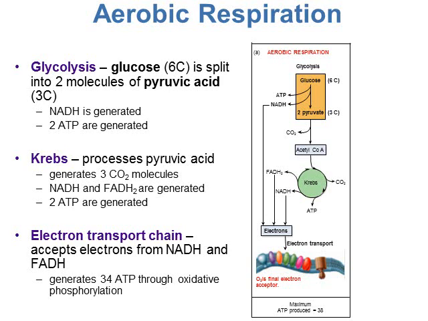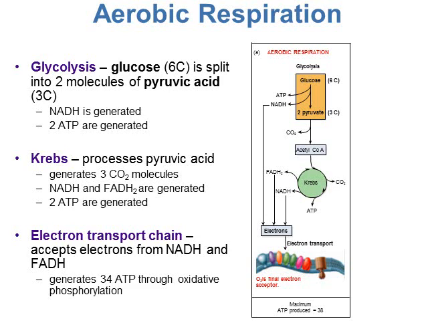So you're just splitting glucose in half into a pyruvic acid molecule. We get NADH that's generated. NADH is holding hydrogens. So we're ripping hydrogens off of the glucose and putting them onto this NADH molecule. In addition, we get 2 ATP, so 2 energy molecules are created during glycolysis.